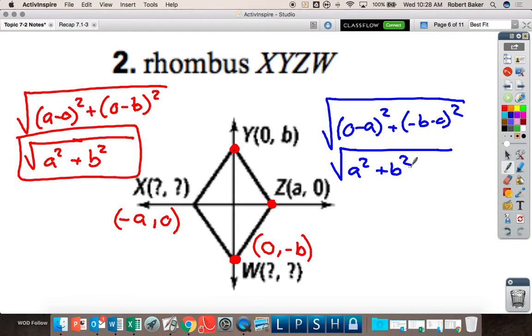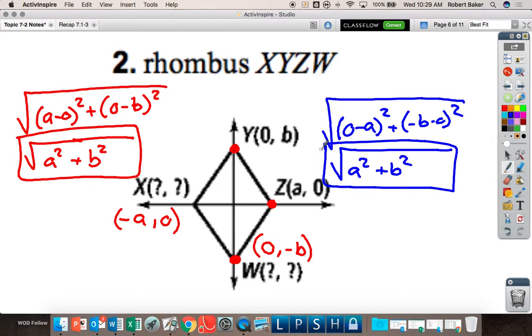They're all equal. So are my two answers the same? Yeah. They should be because it's a rhombus. Is it always going to be the square root of a squared plus b squared? No. It might just be b squared. It might just be like a minus c squared plus negative b squared. It'd be weird stuff.